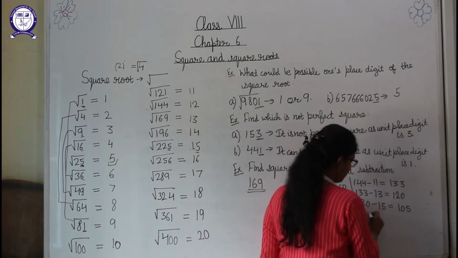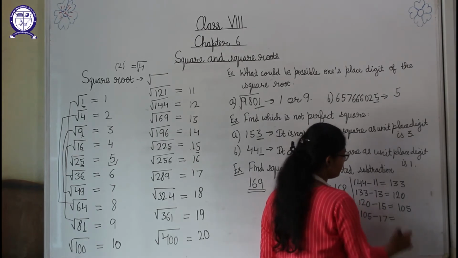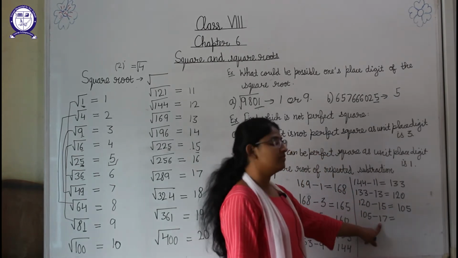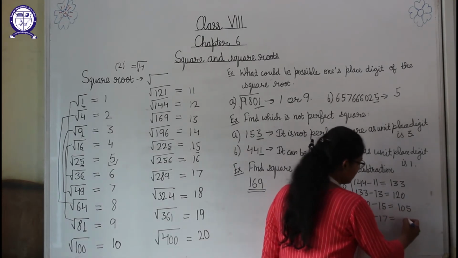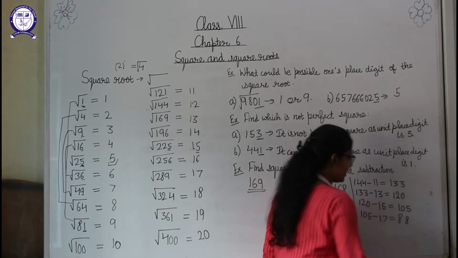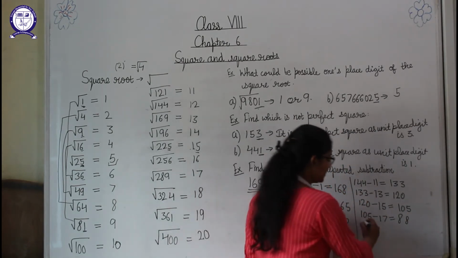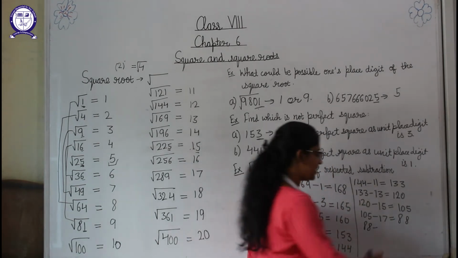Then 105 minus the next odd number, 17. So 105 minus 17, what will be the answer, students? 88. Now 88 minus the next odd number after 17, which is 19.